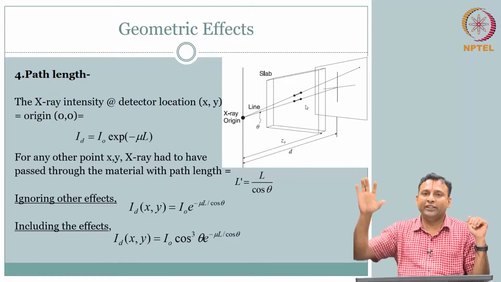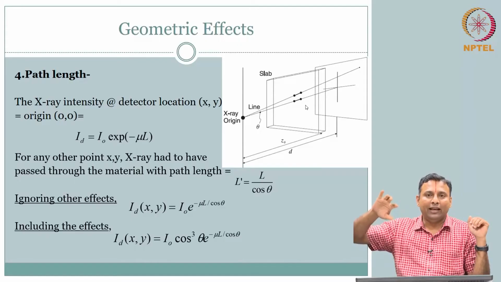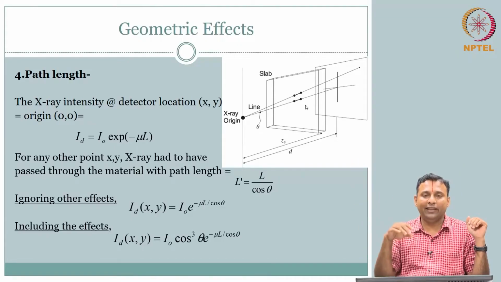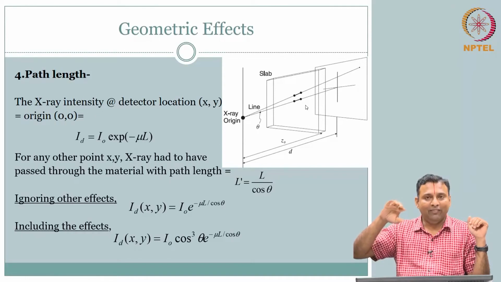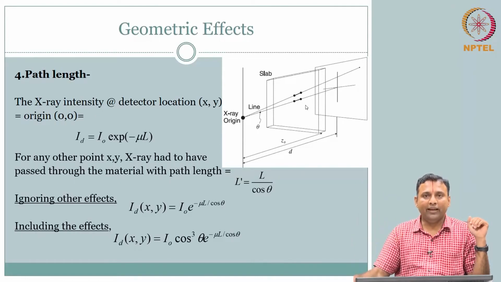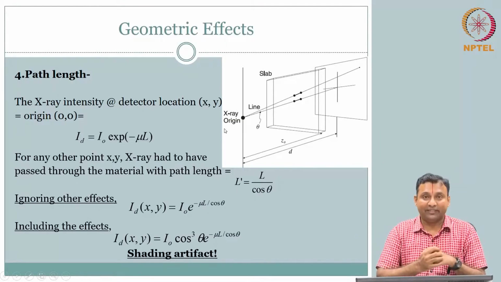It is not going to be homogeneously white. It will be white at the center and start to grey out as you go towards the ends. It will look like you have a shadow. So it is called a shading artifact.